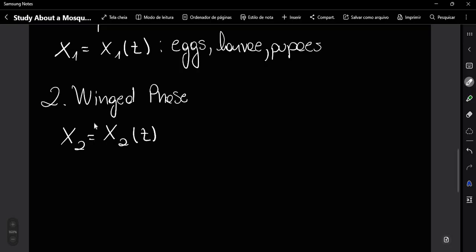So for each x1, we have the same x1 but with its growth over time, how it develops with time.